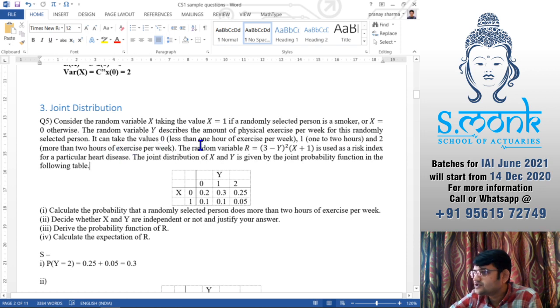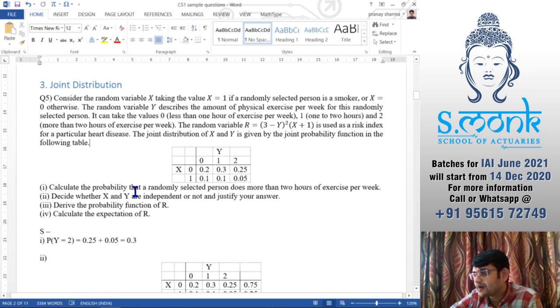It takes the value 0, less than 1 hour of exercise per week, 1 for 1 to 2 hours, and 2 for more than 2 hours of exercise per week. The random variable r that is given by this is used as a risk index for a particular heart disease. The joint distribution of x and y is given by the joint probability function in the following table.